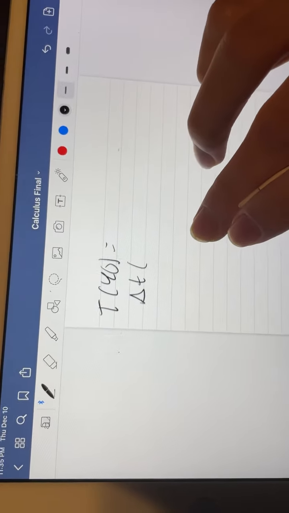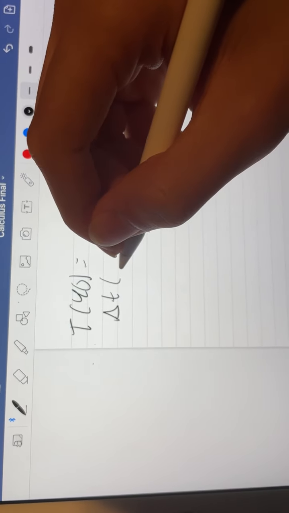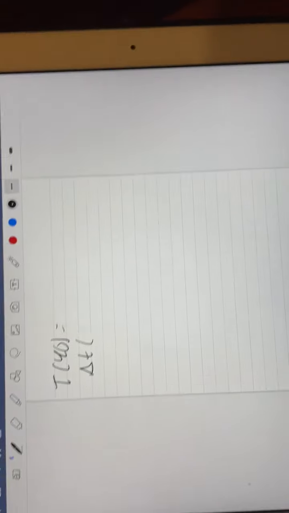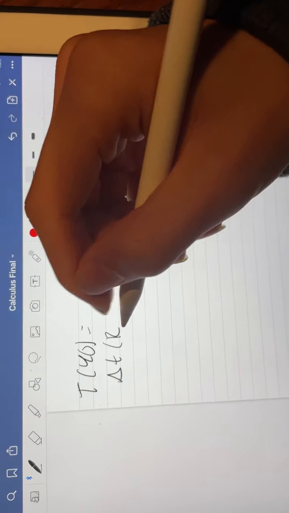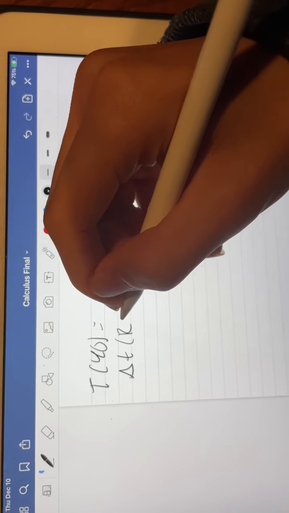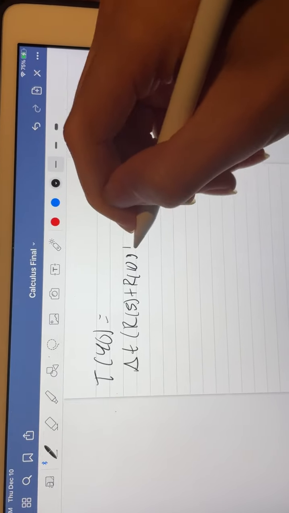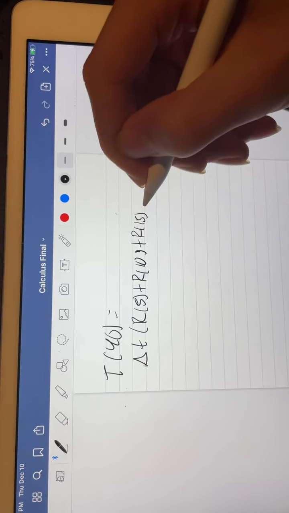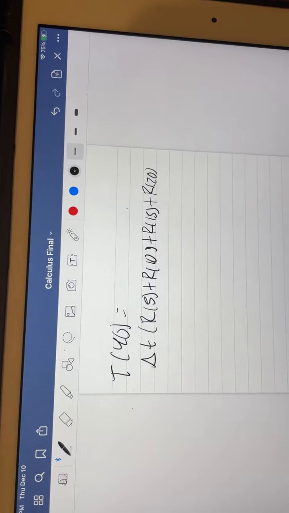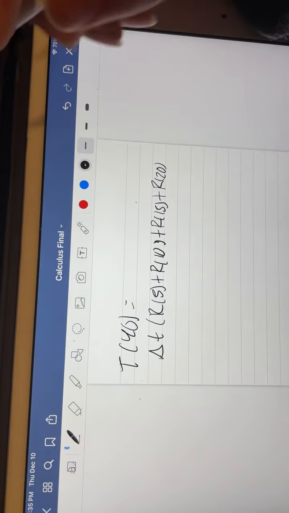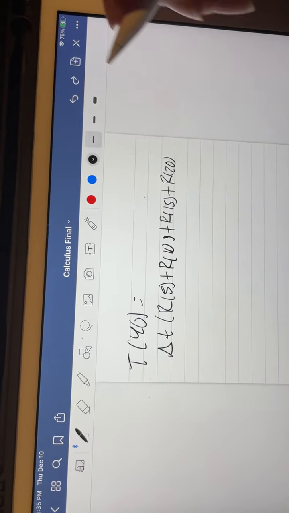I'm just gonna use the numbers, like the R5 plus R10 plus R15, etc. 20. So we already know from this, and then you just keep going on.